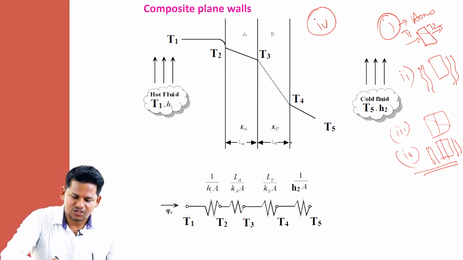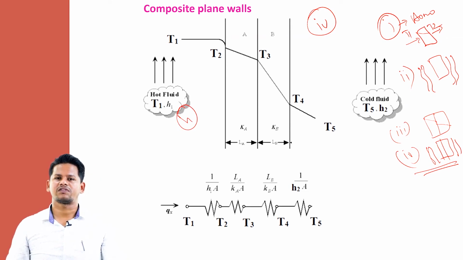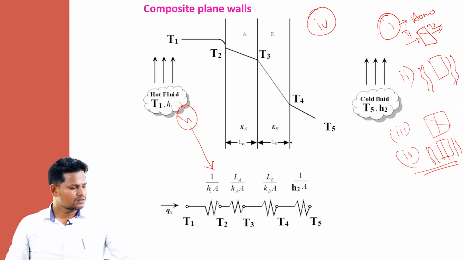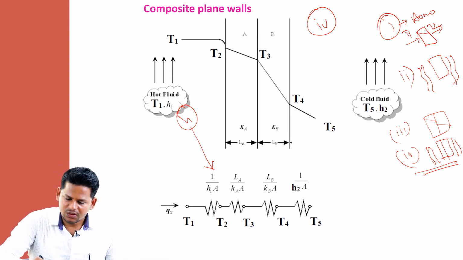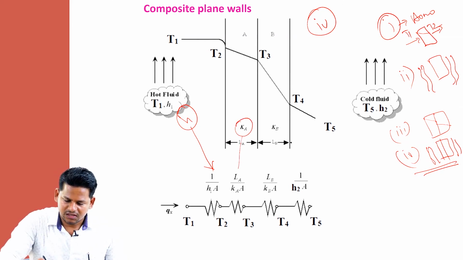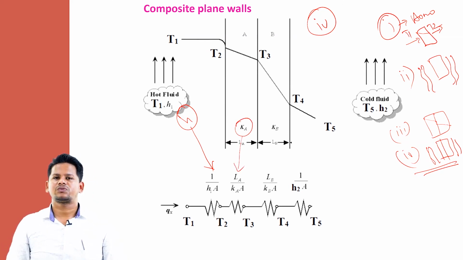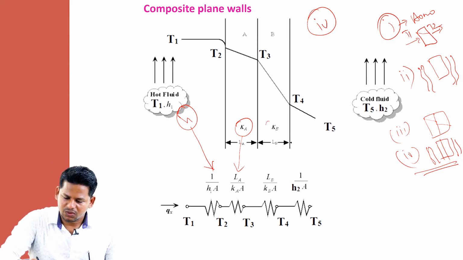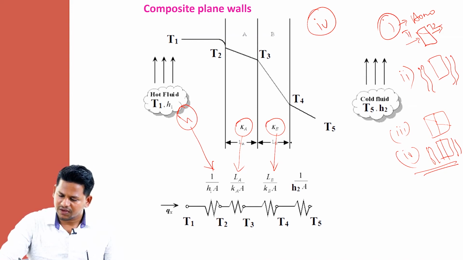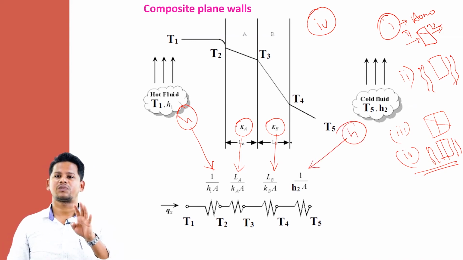The first one is convection, so we have convective thermal resistance. The second one is conduction, so conductive thermal resistance. The third one again is conductive resistance. Finally we have convection again. So we have 4 thermal resistances.